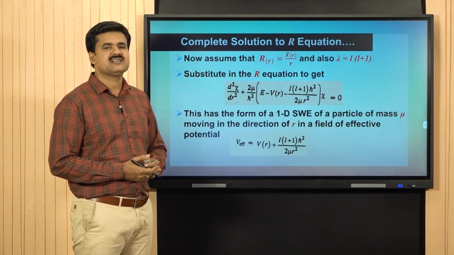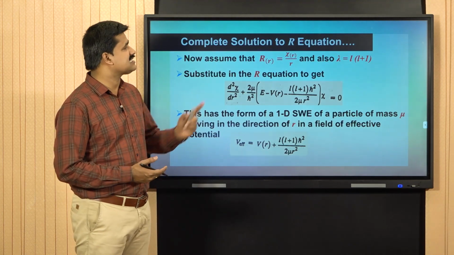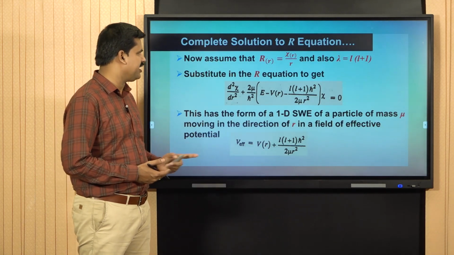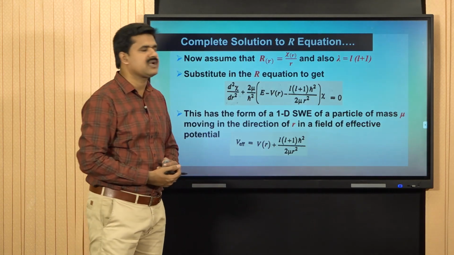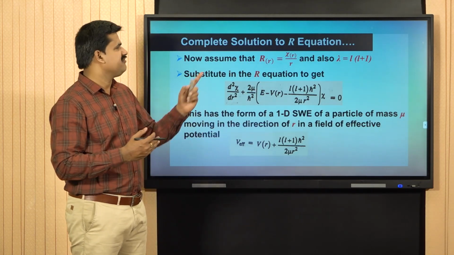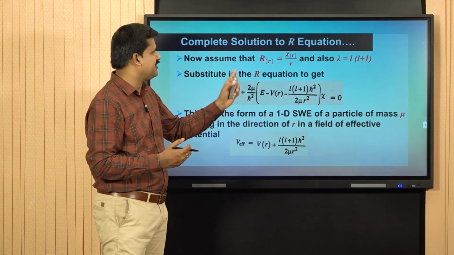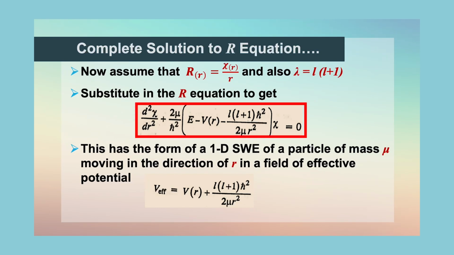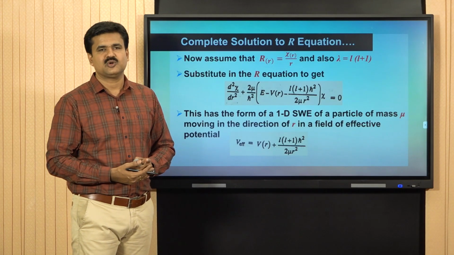We also take the assumption that λ = L(L+1). Now we substitute these two values, R(r) = χ(r)/r and λ = L(L+1), in the R equation to get d²χ/dr² + (2μ/ħ²)(E − V(r) − L(L+1)ħ²/(2μr²)) χ = 0.